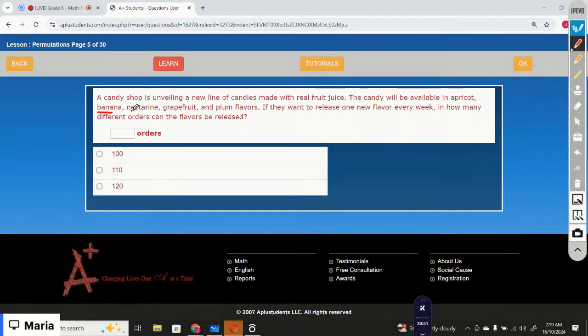They are banana, nectarine, grapefruit, and plum flavors.